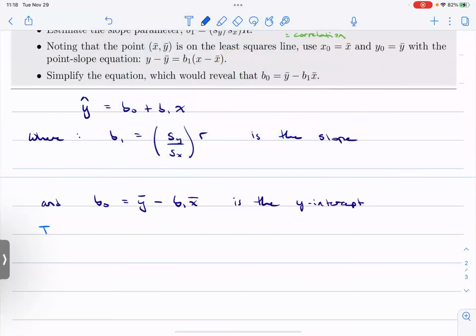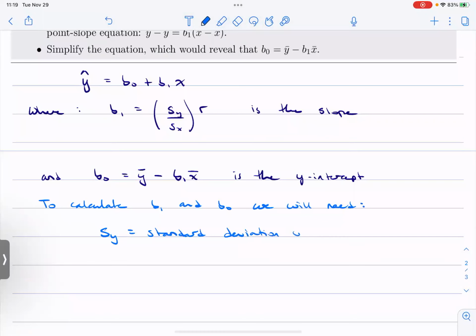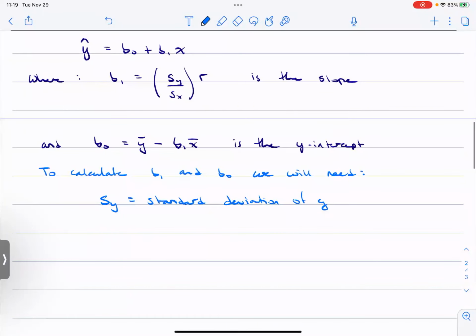To calculate B1 and B0, we will need S subscript y, which is the standard deviation of y, and Sx, which is the standard deviation of x.